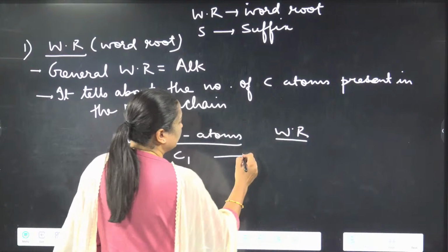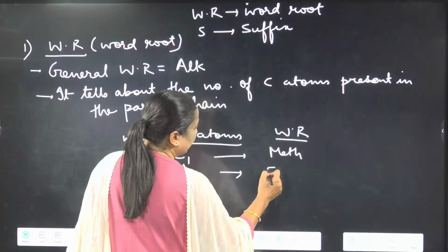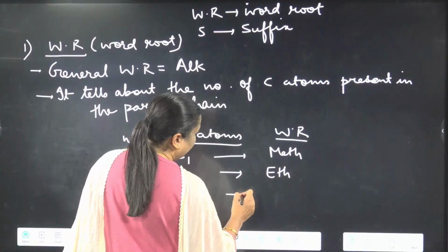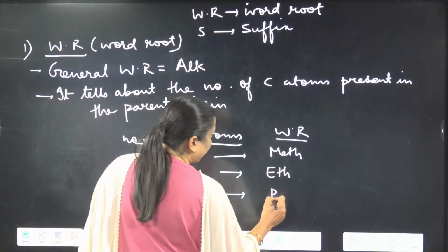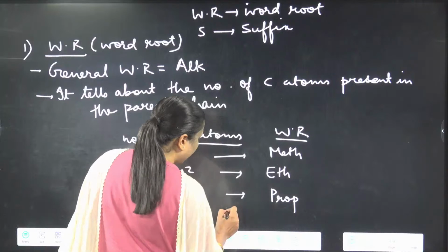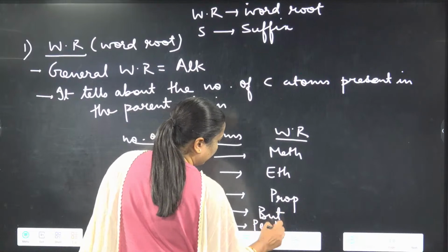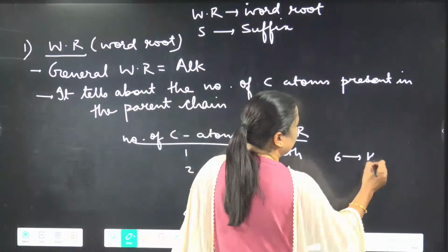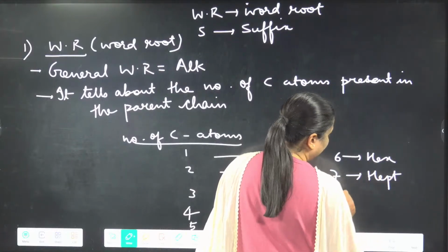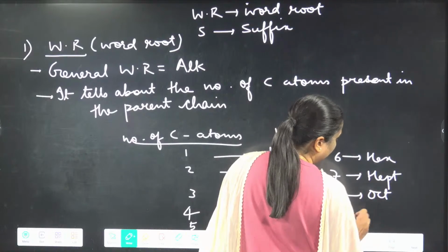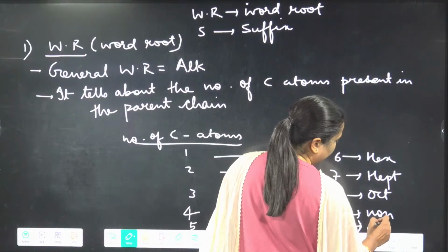1 carbon atom, it is meth. 2 carbon atoms, it is eth. 3, in fact, let me just write down 1, 2, 3, because I've already put the heading, prop. 4 is but, 5 is pent, 6 is hex, 7 is hept, 8 is oct, 9 is non, 10 is dec.